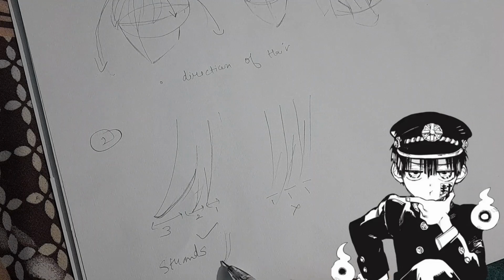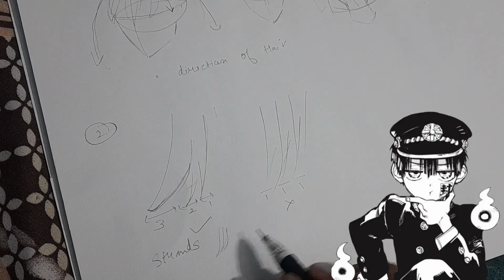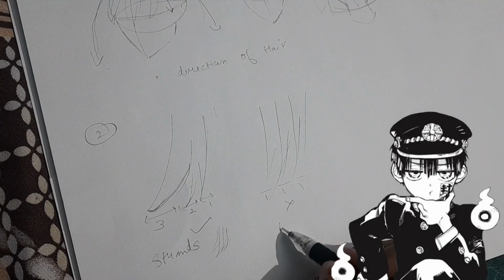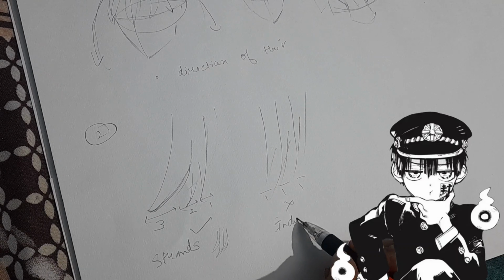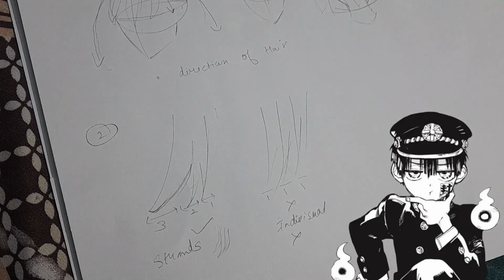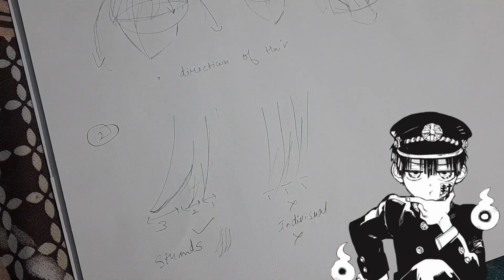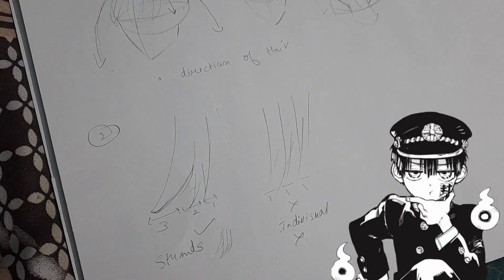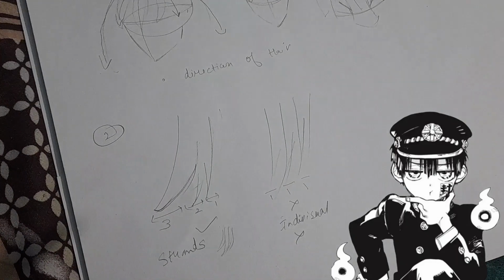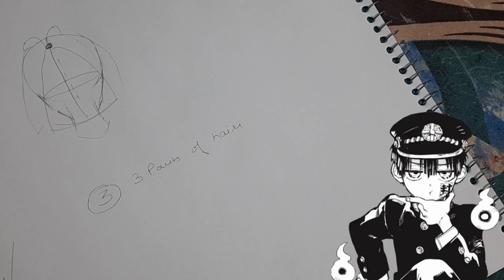So you have to follow the 3-2-1 rule, where the third part is bigger than the second one, and the second bigger than the first. This ratio of strand sizes makes it look more natural, so that your character's hair can be more real and have more personality. This rule can apply to anything, like bangs or the back of the hair.